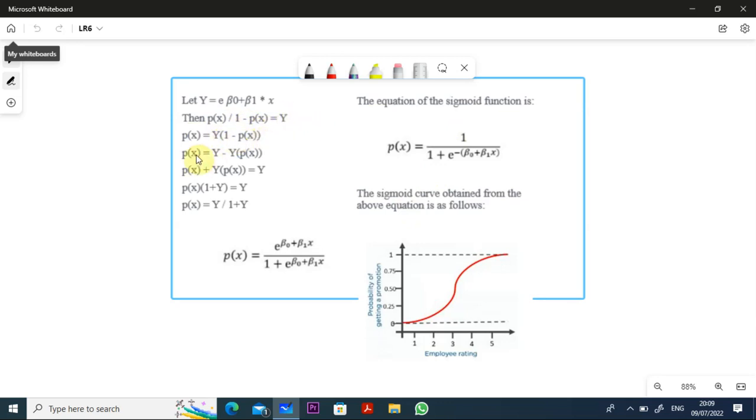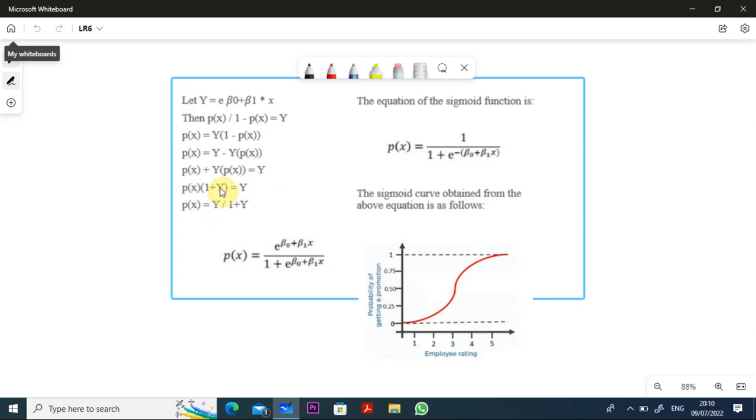Okay, then px is equal to y, expanding, minus y into px, right? Then this minus y px comes to the left hand side: px plus y px is equal to y. If you take px outside, px into 1 plus y is equal to y, or px is equal to y divided by 1 plus y.